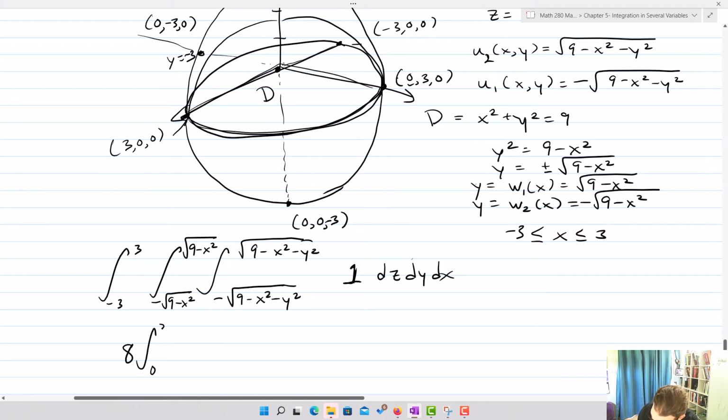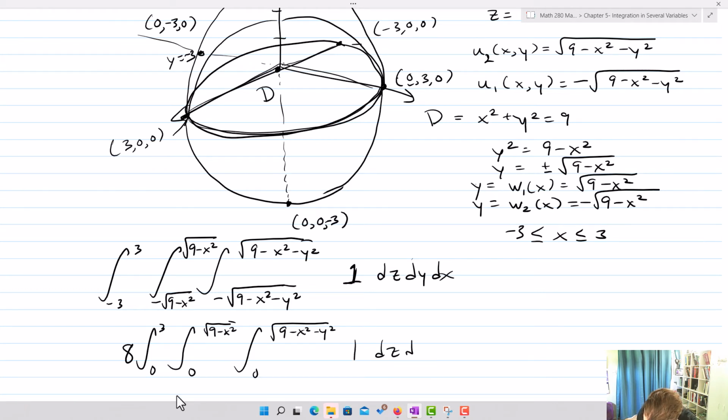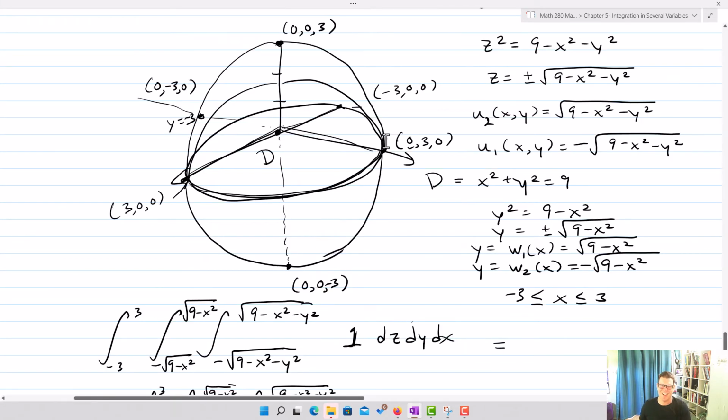So we go from 0 to 3, then the integral from 0 to the square root of 9 minus x squared, and the integral from 0 to the square root of 9 minus x squared minus y squared, and then 1 dz dy dx. That would be the same integral for us, because we've got eight regions that look like that: top, bottom, top, bottom, top, bottom. There are 8 of them.